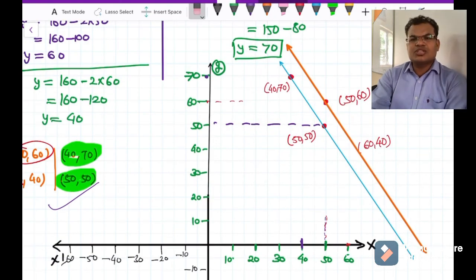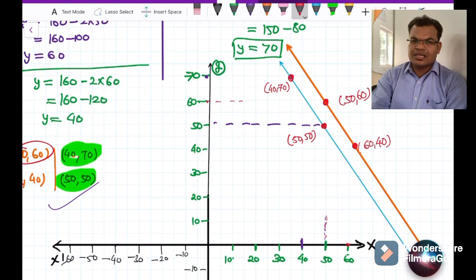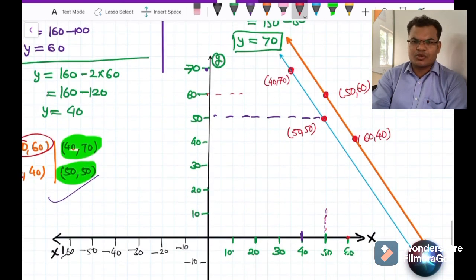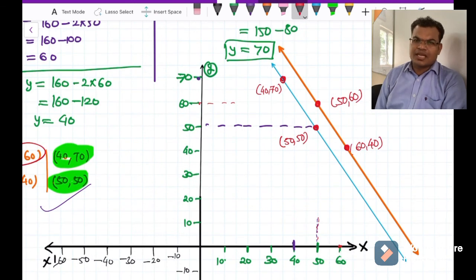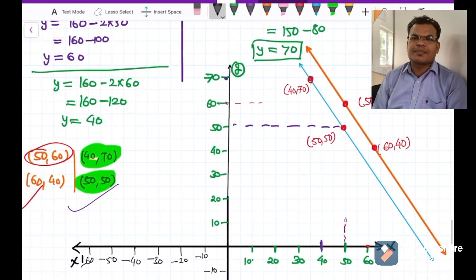Now you can see these two lines are parallel here. It is very clear with the different pens or colors. After this, I can extend the x-axis because the lines are intersecting the x-axis somewhere, both at different places. They are not intersecting each other, because the lines are parallel this time.